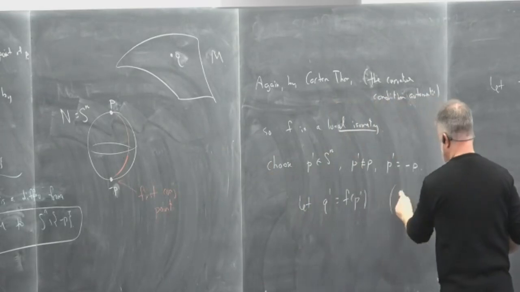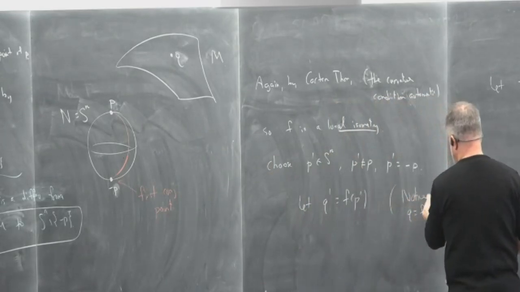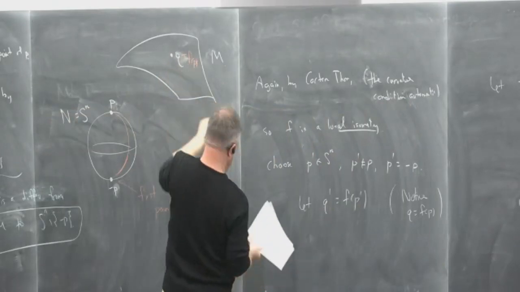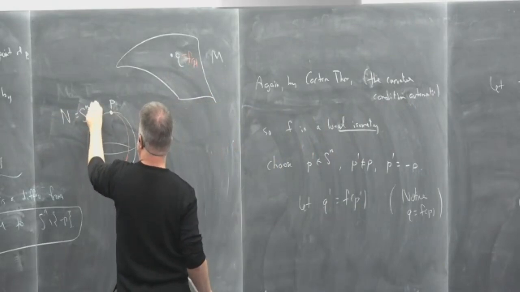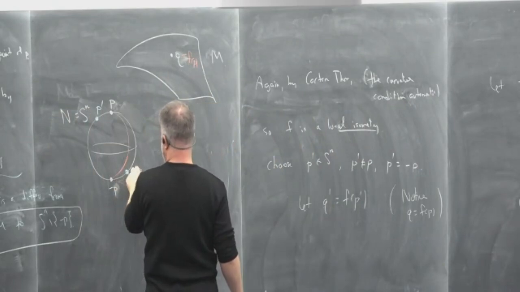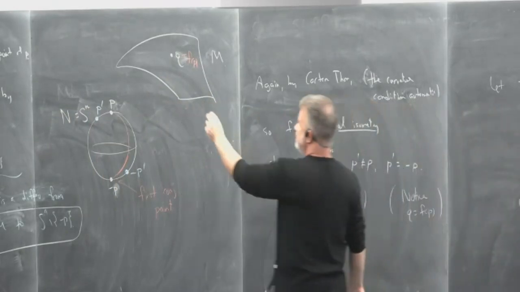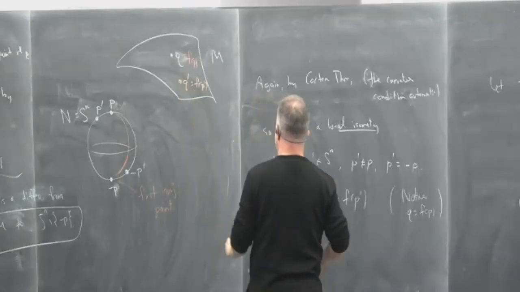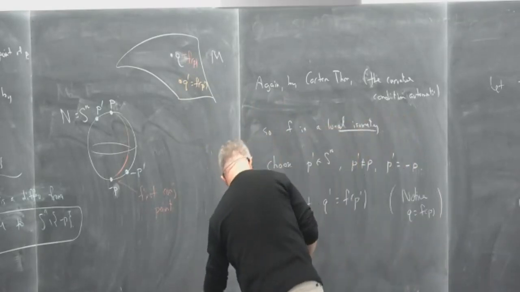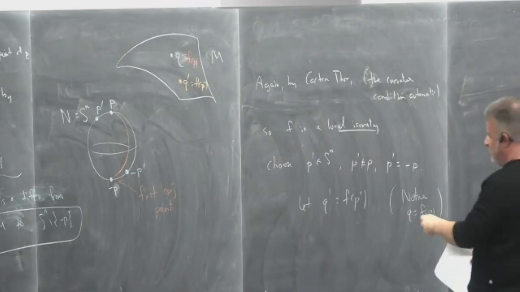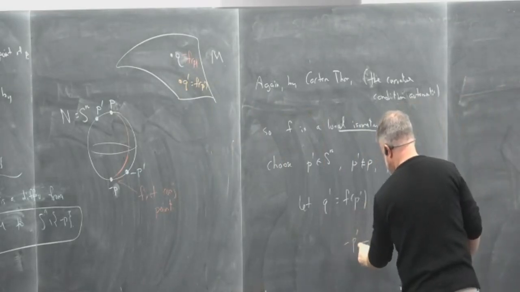So notice Q is F of P. The way we've defined the map F, it takes P to the origin, and then to the origin because that's linear, and then to Q. So this is F of P, and I'm going to choose some point P prime, which is not equal to P or its antipodal point, and then the antipodal point of P prime is that, and Q prime is going to be F of P prime.